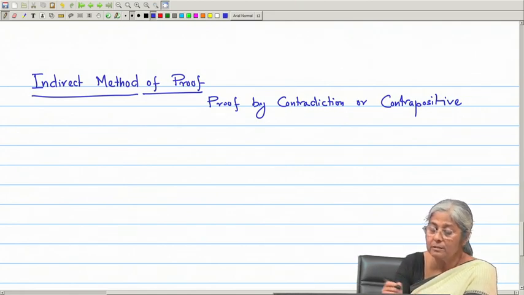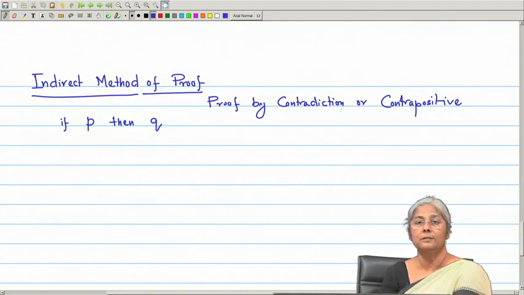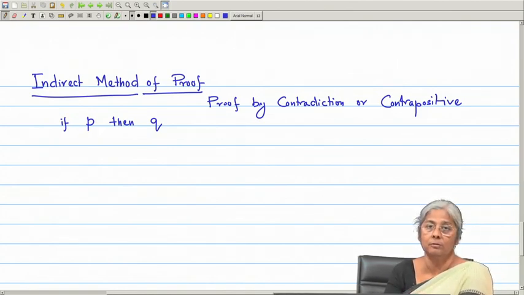So, how do we define this technique? Our theorem, now we know, is if P, then Q. This is the proposition that we want to prove.